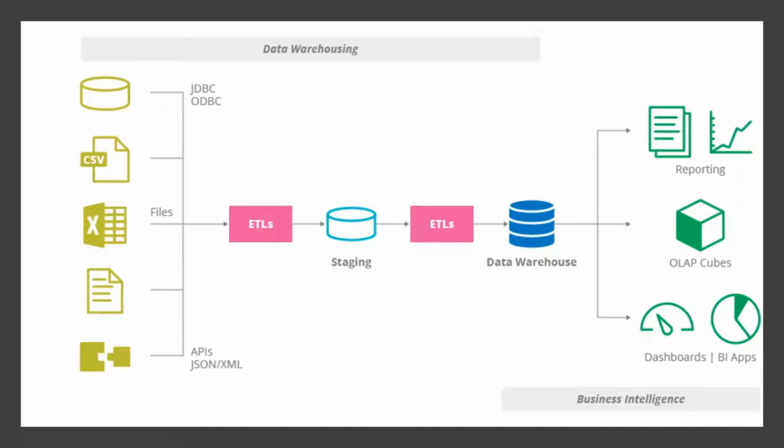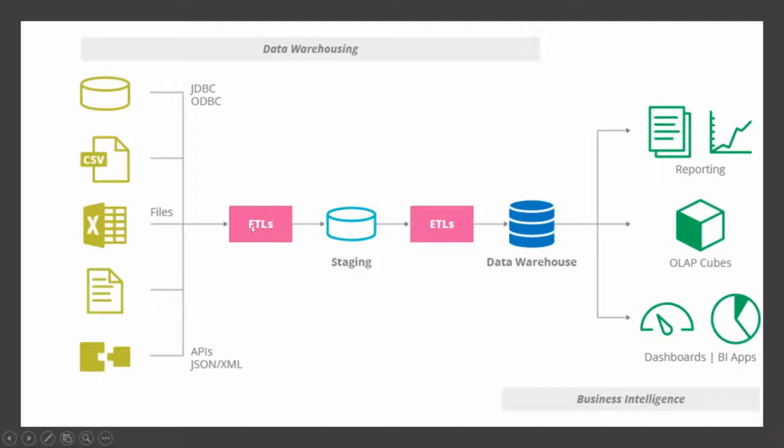What we've got here are the data sources, basically the sources that data comes from. They could be databases, CSV or Excel files, flat files, or an integration where we use APIs to get the data in JSON or XML format.